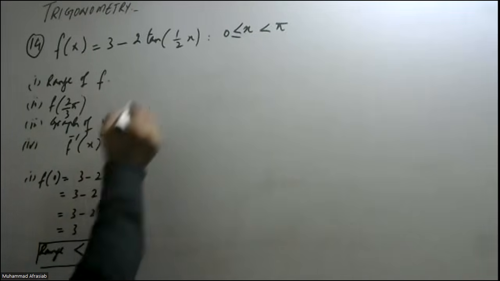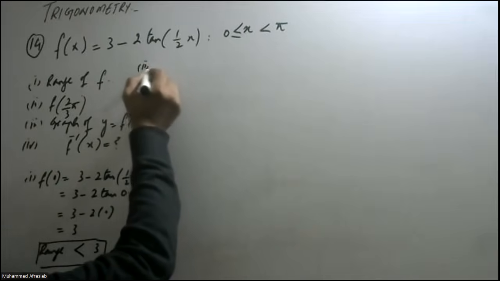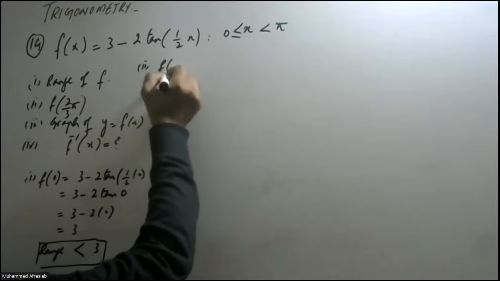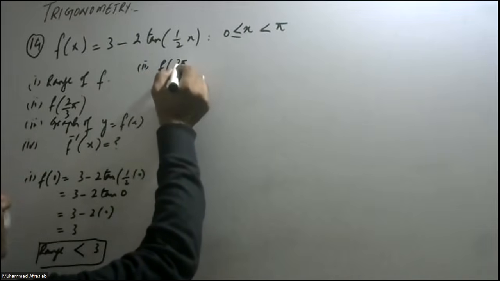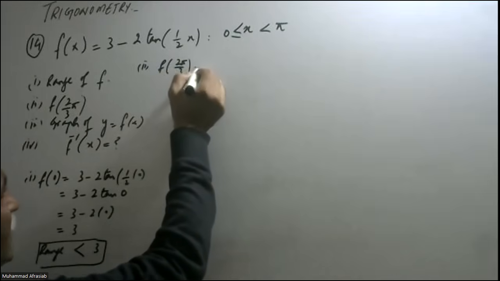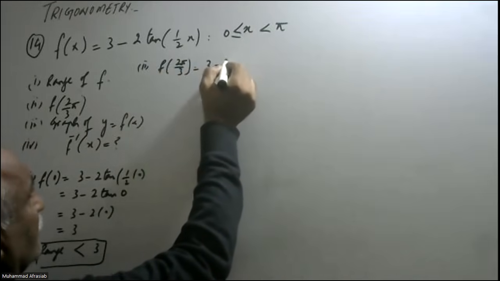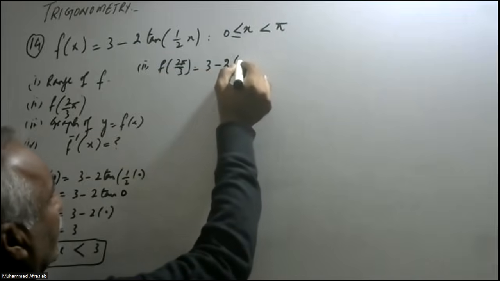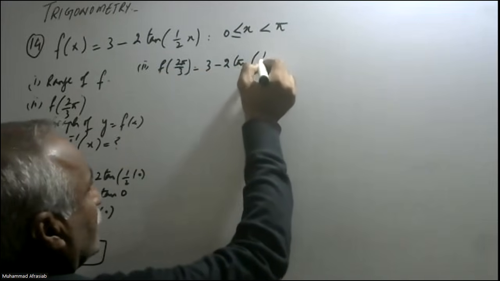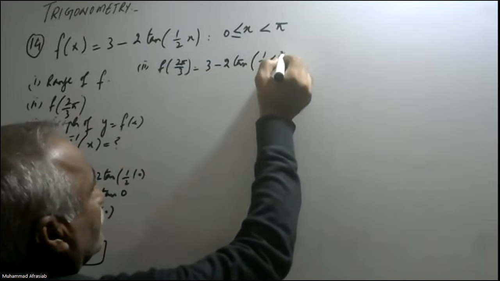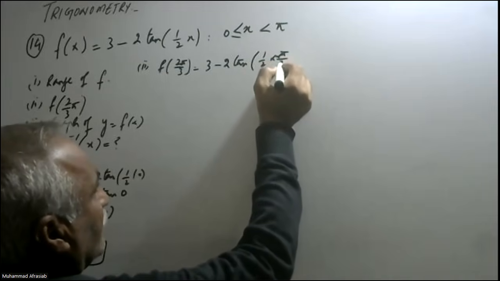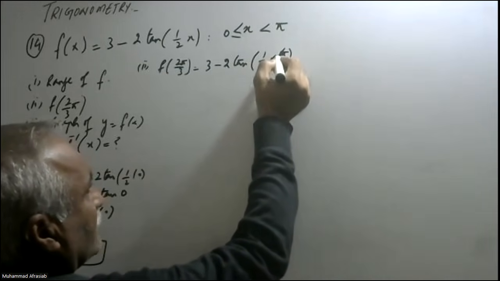Then in the second part, f of 2 pi by 3. That is equal to 3 minus 2 tangent of half into x, which is 2 pi by 3. 2 and 2 cancel.